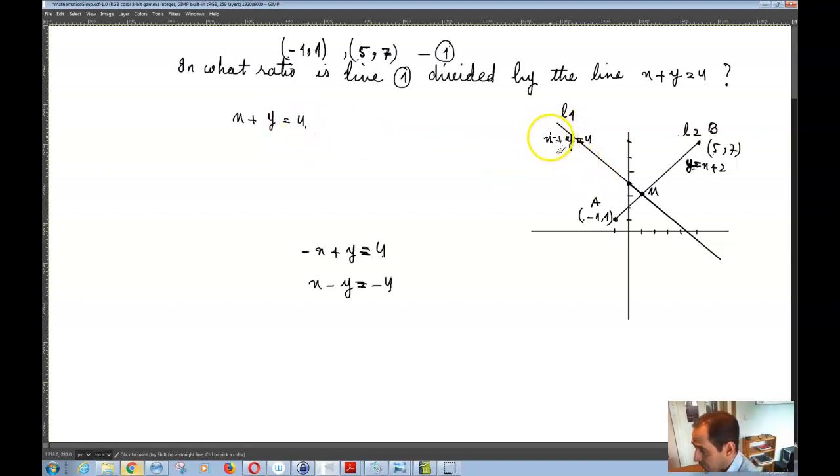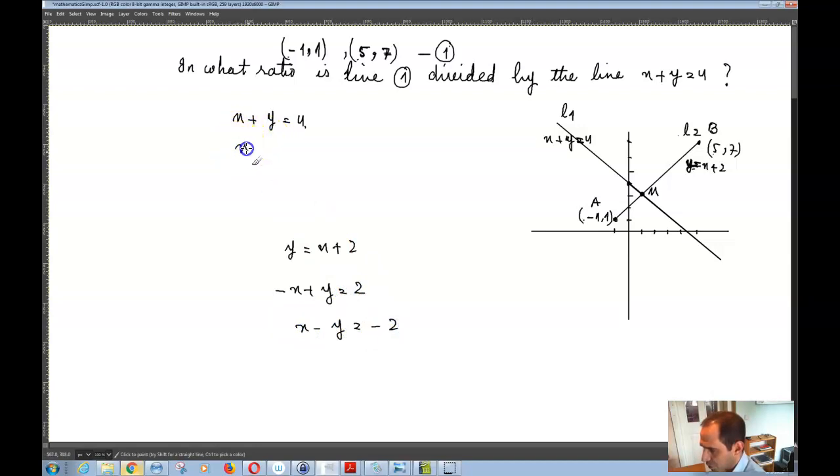I made a mistake over here. I'm sorry. This line is y is equal to x plus 2, so you can write negative x plus y is equal to 2, or x minus y is equal to negative 2.